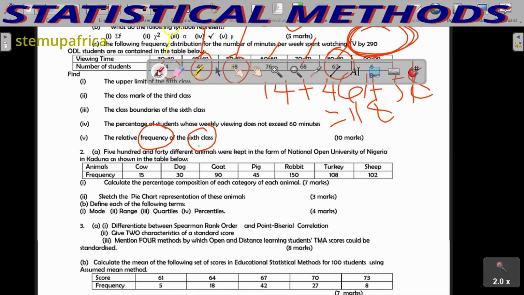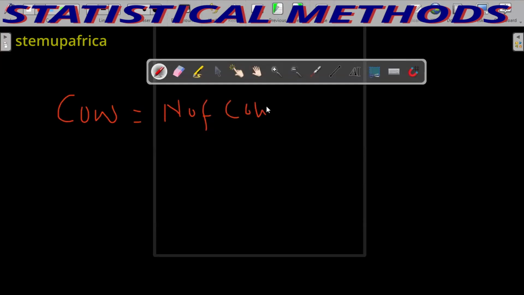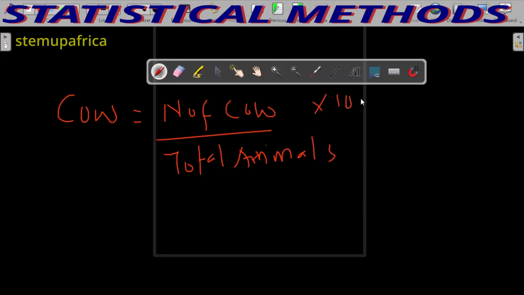So let's start with the percentage of cow. For cow, it will be the number of cow over total animals times 100%.